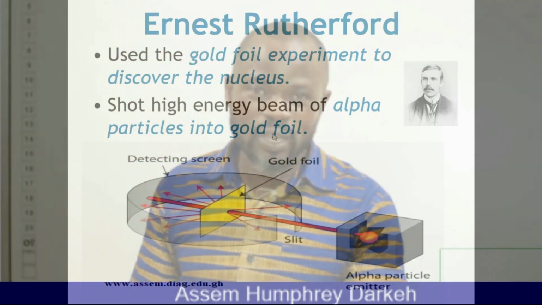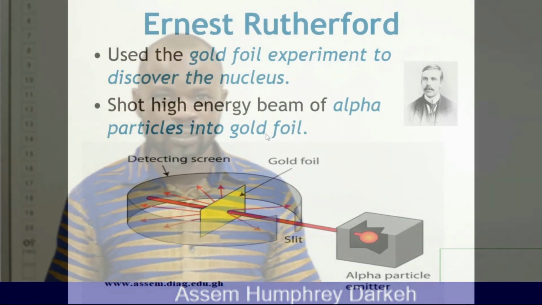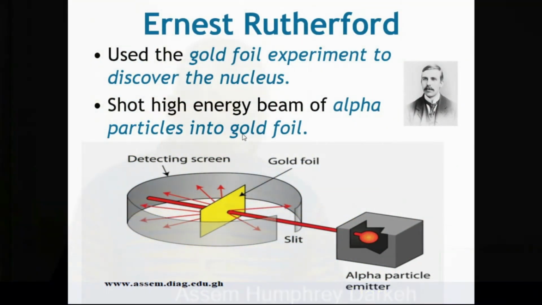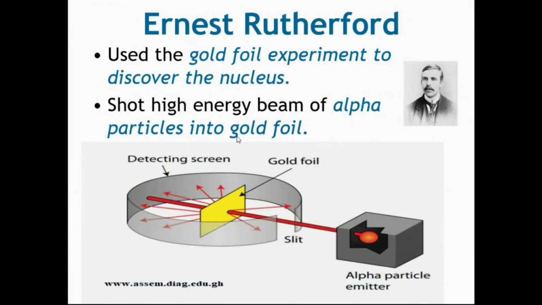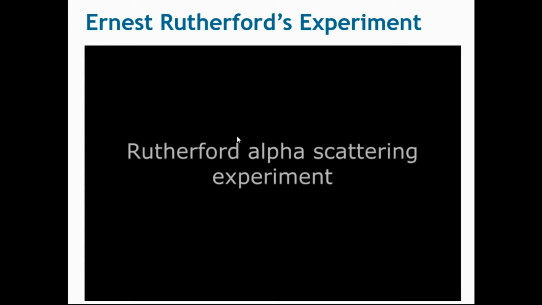We would have to look at the experiment in a video so that we'll be able to give a good account of what actually went on. So let's watch the video on Ernest Rutherford.